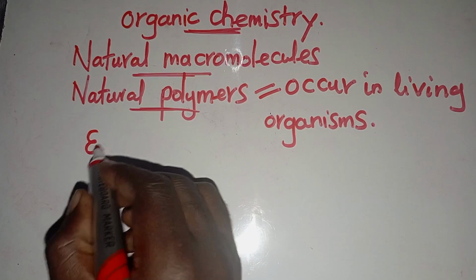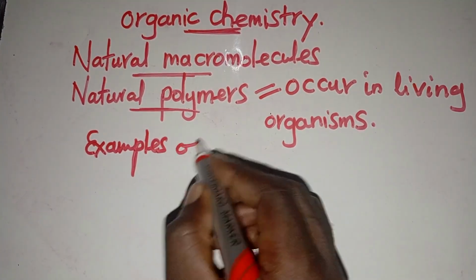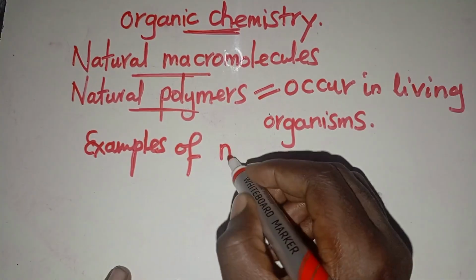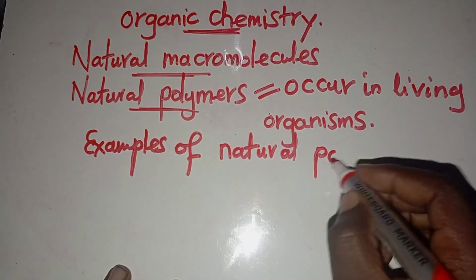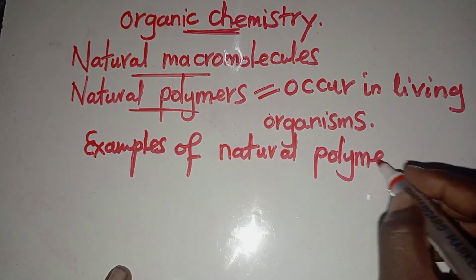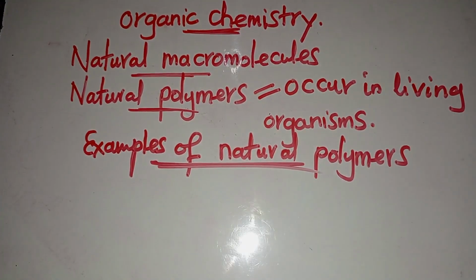What are now examples of natural polymers? We looked at them under condensation, but we are just making sure that we put cement on the foundation that we already have.